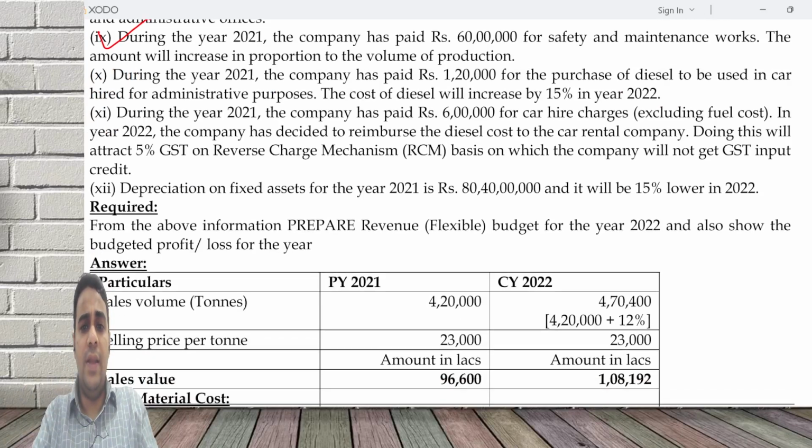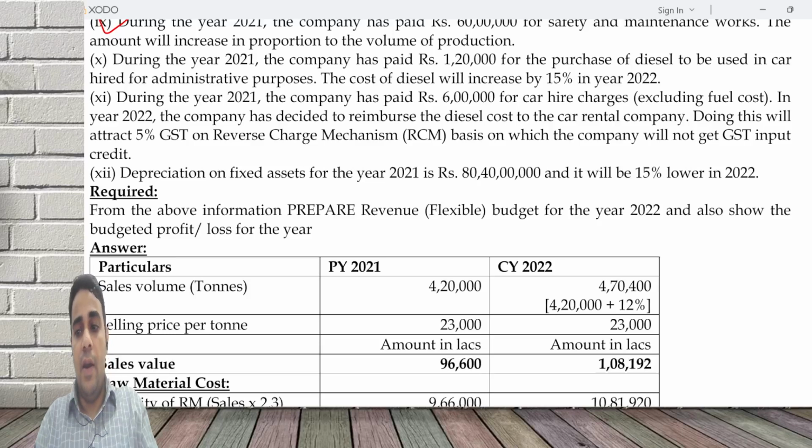Next, during the year, company has paid 1,20,000 for the purchase of diesel to be used in car for administrative purpose. This cost will increase by 15% in year 2022.